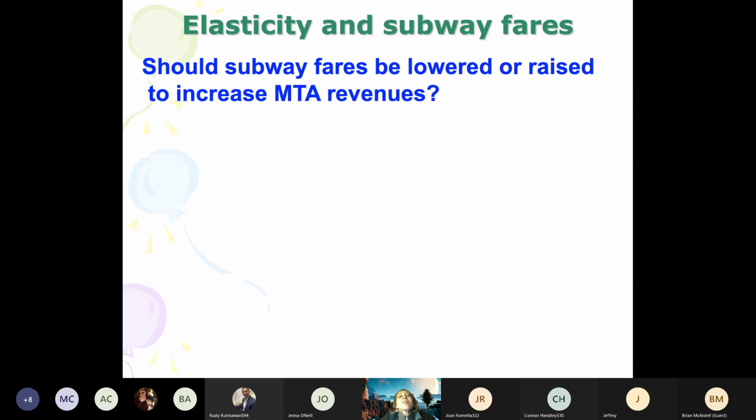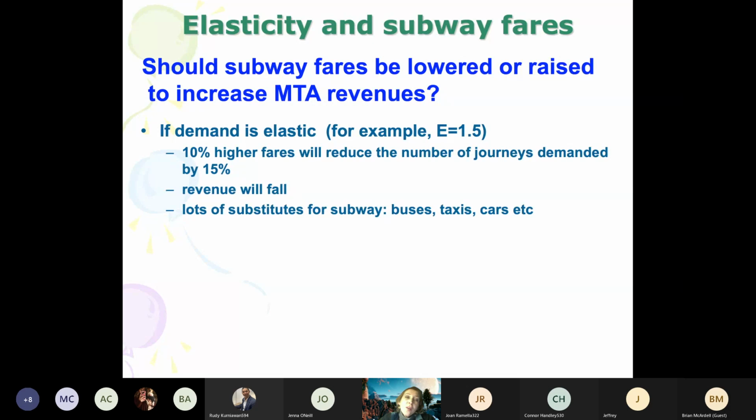Okay, let's think about elasticity and how it applies to MTA revenues. So subway rides, do we have elastic demand or inelastic demand for subway rides? Currently the price is what, $2.75 for a ride. So demand may be elastic.